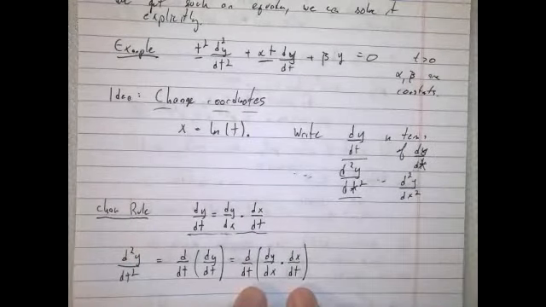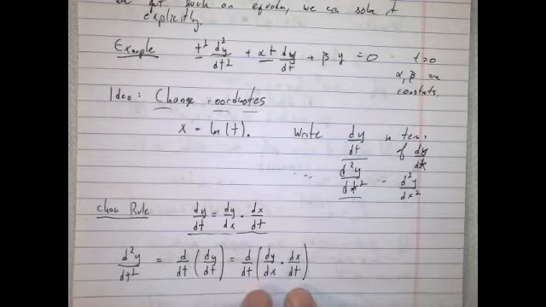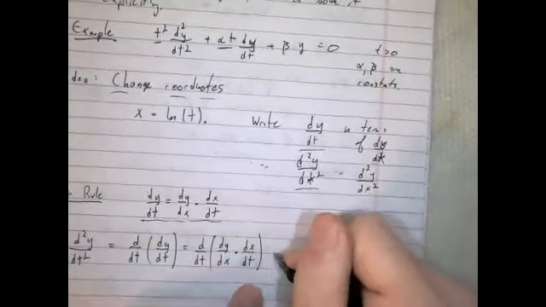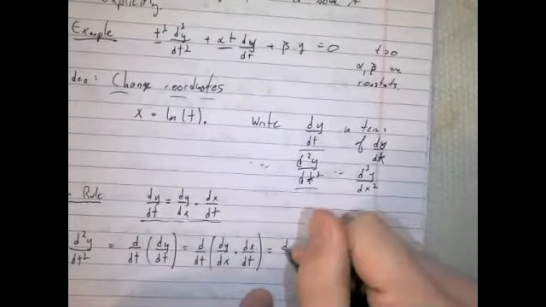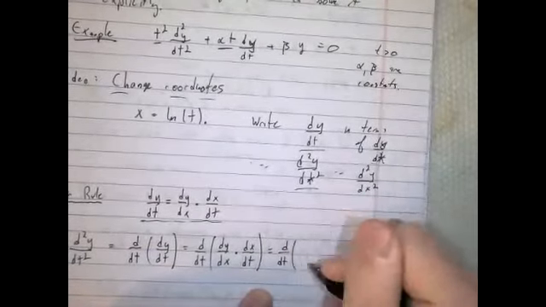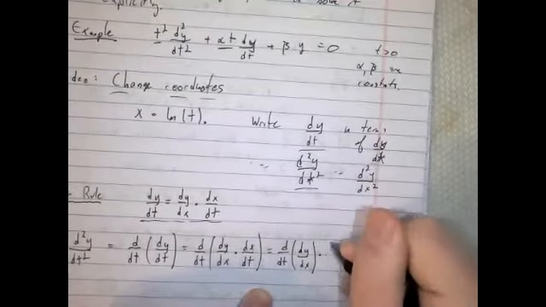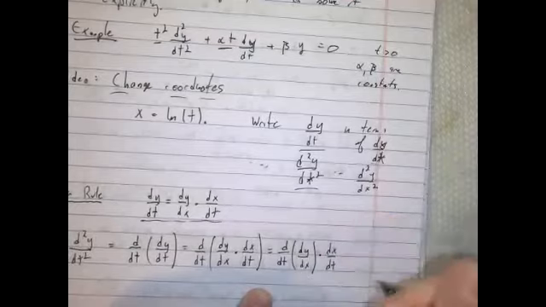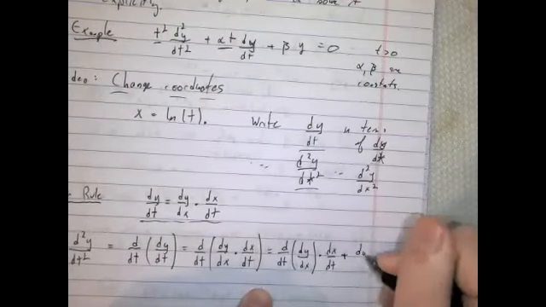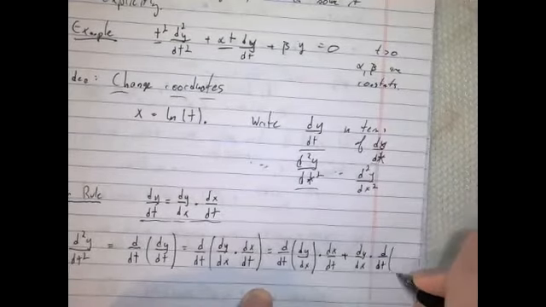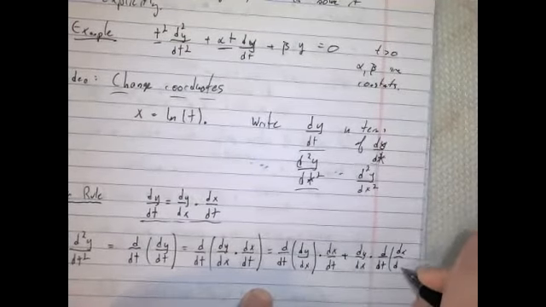Do you use the chain rule again? I think I need to do the product rule first. Exactly. Product rule and then chain rule. So the product rule says that this is going to be equal to d over dt of dy over dx times dx dt plus dy over dx times d over dt of dx over dt.